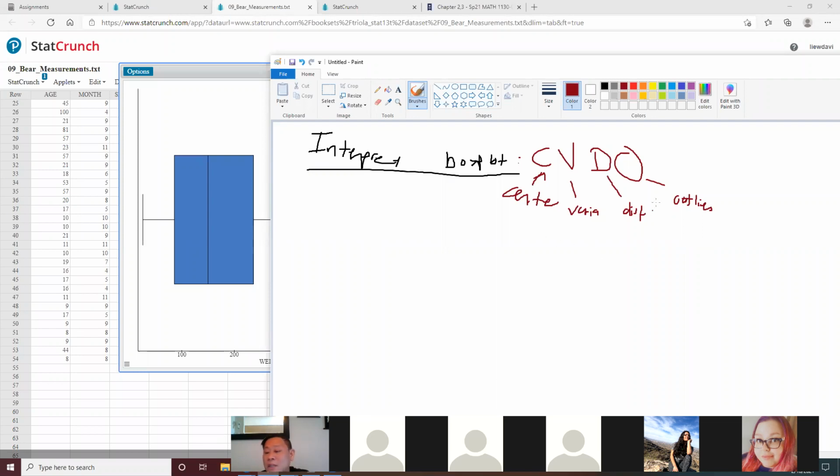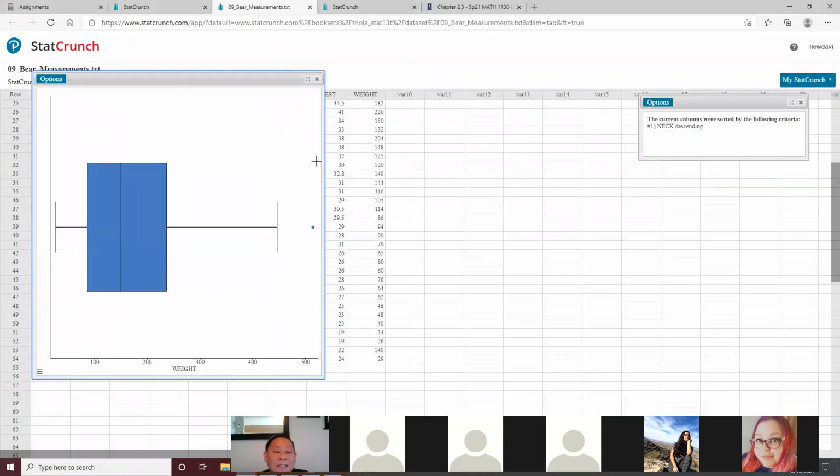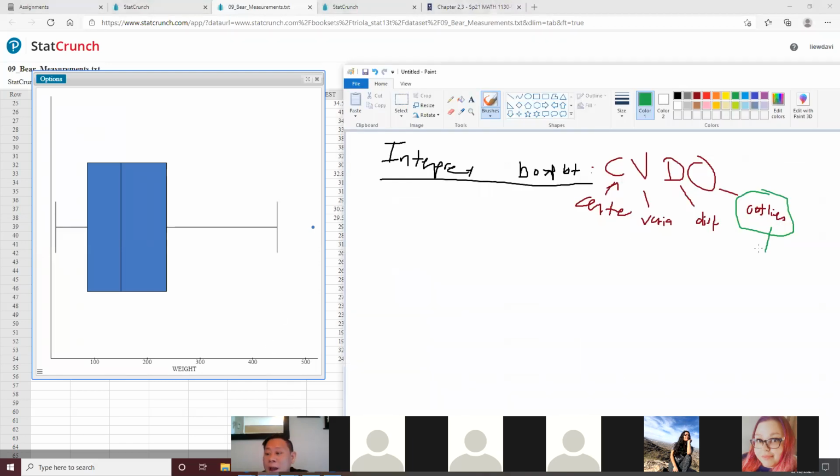So these are the CVDO that we talk about. It all depends on outliers. Do we have any outliers in this box plot? Yes. If you have an outlier, then the center is going to be the median, and the variation will be the IQR.